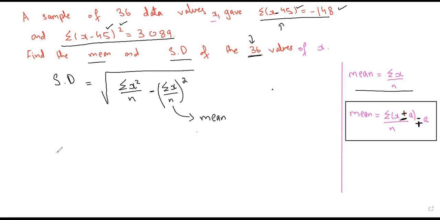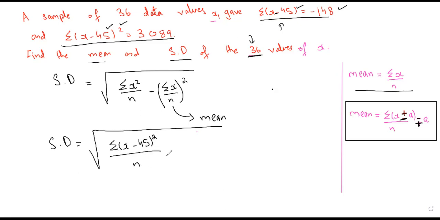So standard deviation in our case is going to be calculated by the square root of the summation of x minus 45 squared, divided by n, minus the summation of x minus 45 divided by n, squared.